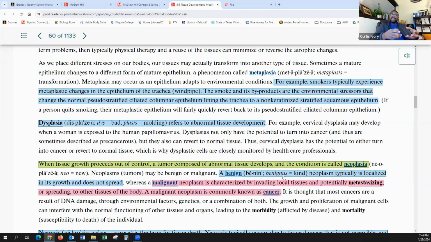If it's malignant, it's going to essentially make a tumor and then it starts spreading to other parts of the body. Those cells start to spread. Why is that a bad thing? If those cells start to spread to other parts of the body, those cells will start telling other cells to start doing the exact same thing. And so you start having tumors pop up all over the place.